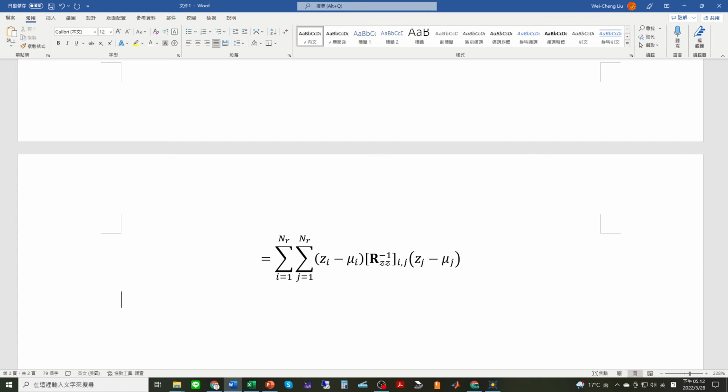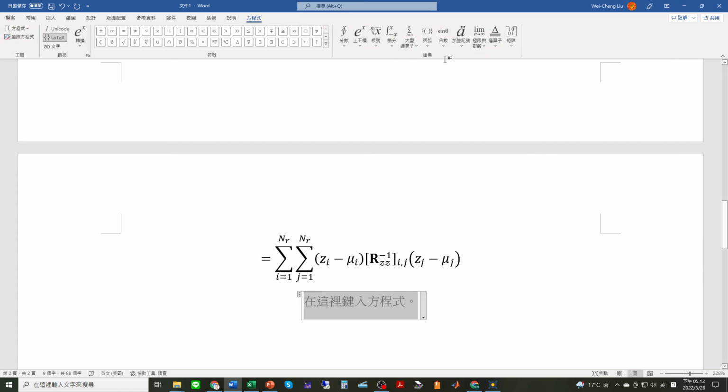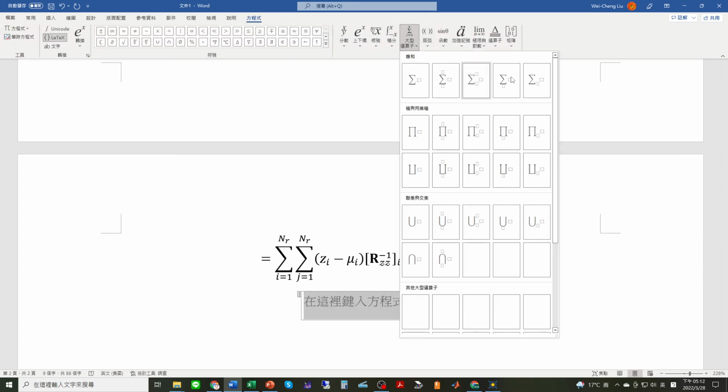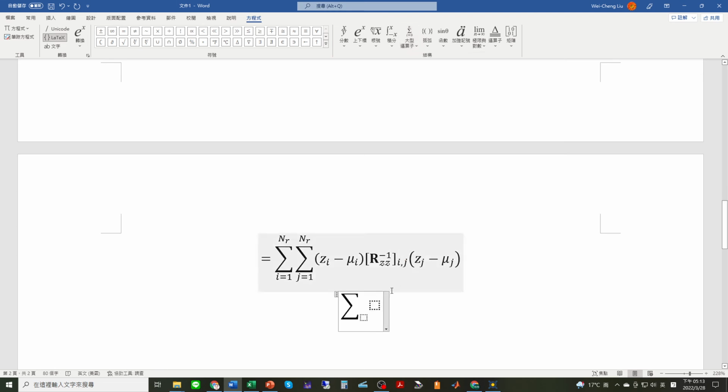So finally, let us write it as this. Summation I J, and be italic, and this term, I copy this term to here, so this remains the same.